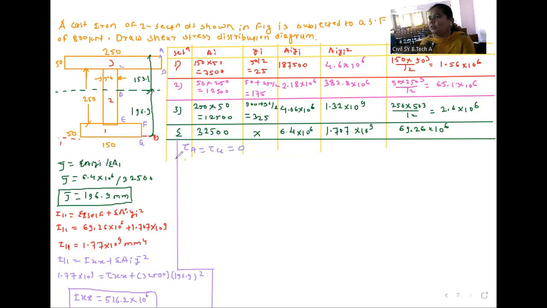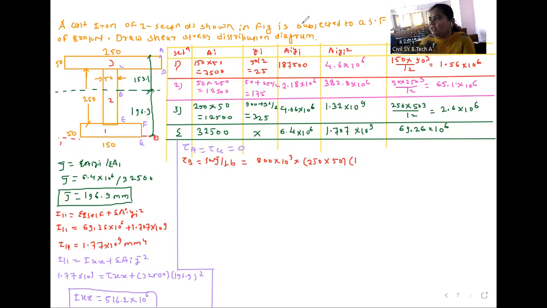After that we will calculate at B. So tau B is equal to S A y bar divided by I b. So shear stress is how much, given 800. 800 into 10 raised to 3 into area. So above this B point, this strip will become 250 into 50 into y bar, which is 153.1.